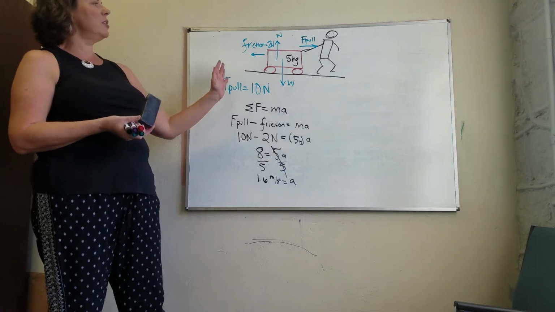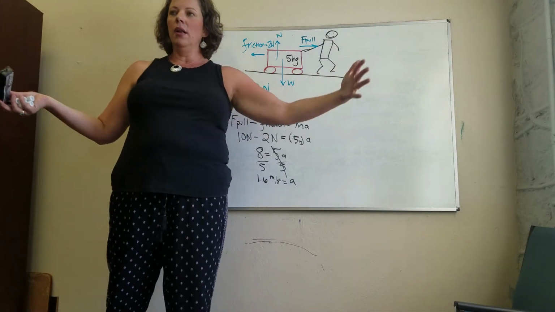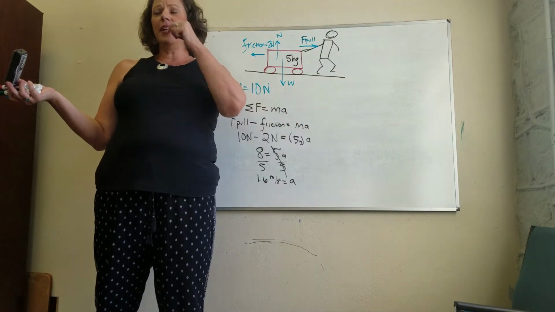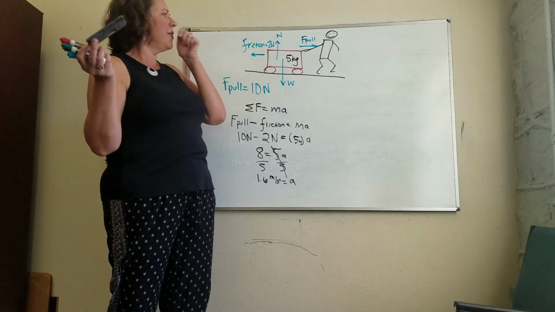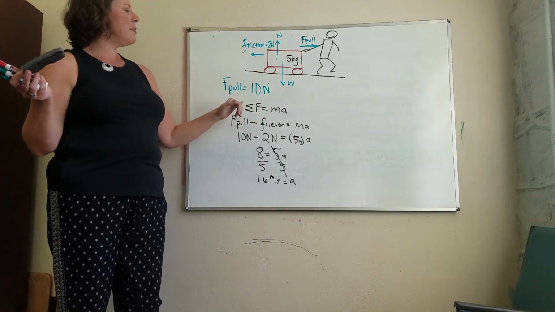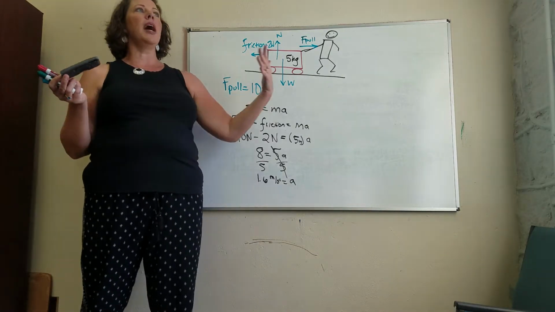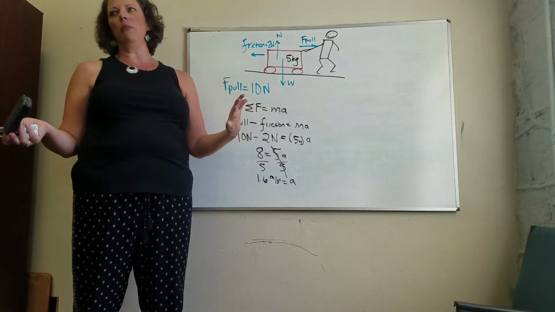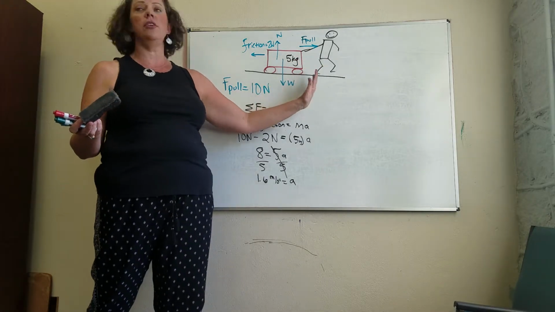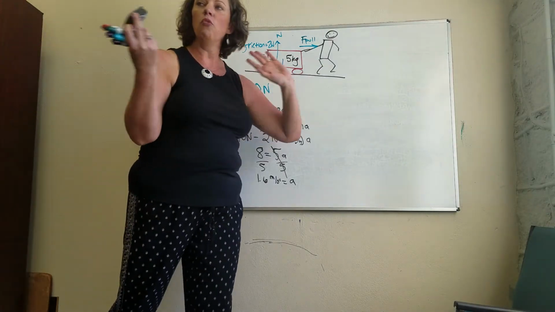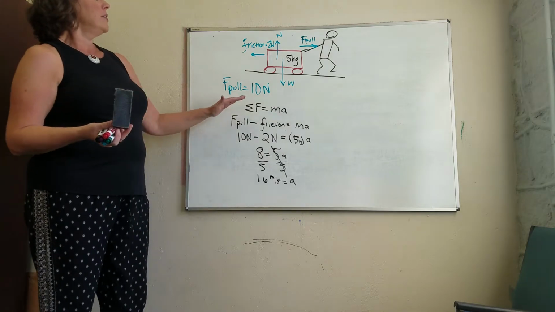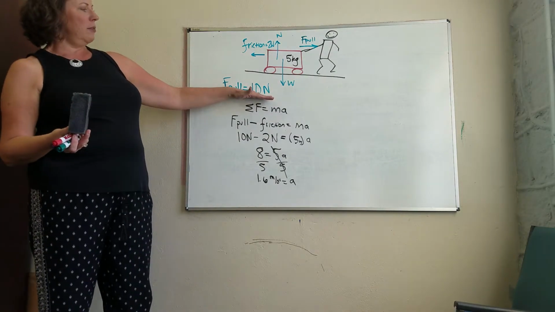So that means eventually, if you think about a meter, that's a pretty good clip, right? The likelihood of him maintaining the pull of 10 newtons for any time longer than a second or two is small, because he would have to literally turn into Usain Bolt and start running. So he's probably not going to maintain a force of 10 newtons.